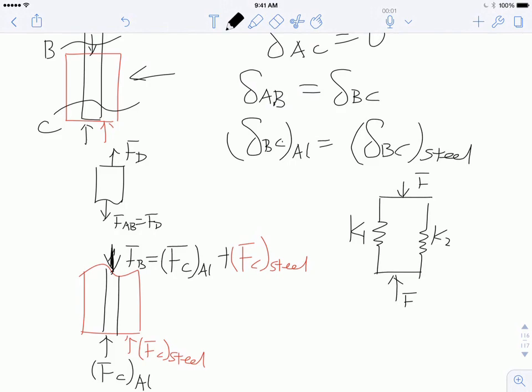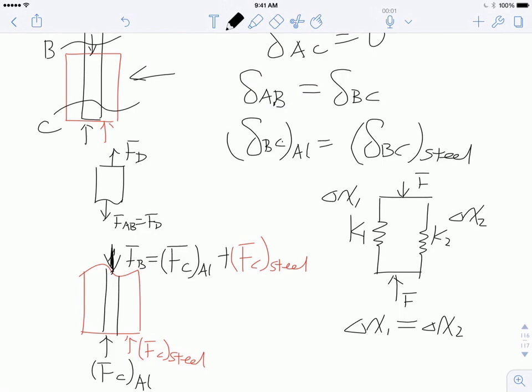I ask you, what is the displacement of K1, let's say delta X1? What is the displacement of K2, which is delta X2? What is the relationship between delta X1 and delta X2? They have to be the same, right? Because these two springs are in parallel connection, so the force being applied causes the same amount of displacement for the two springs.